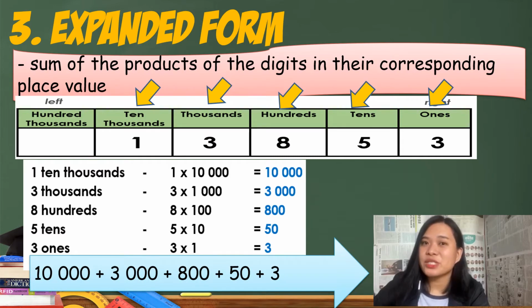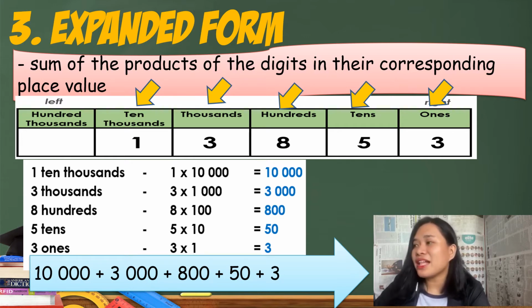Another way to express numbers is through expanded form. A number is written in expanded form when expressed as a sum of the products of the digits and their corresponding place value. We have the same number as example, 13,853. First, we need to identify its place value.